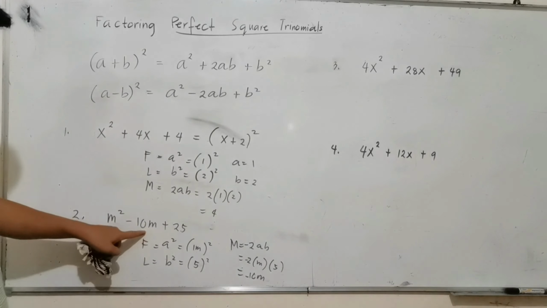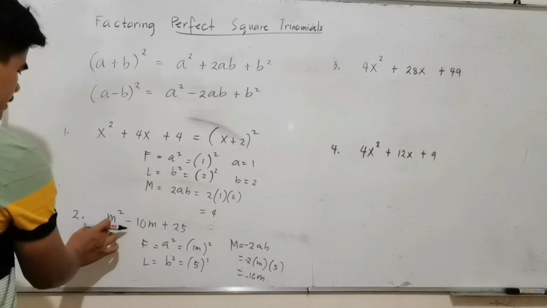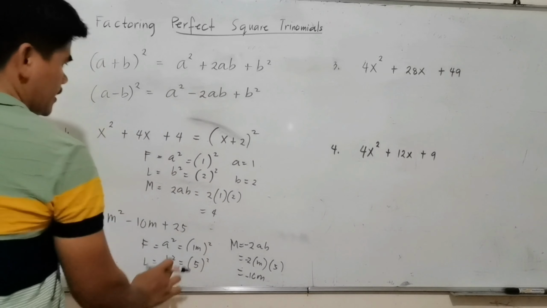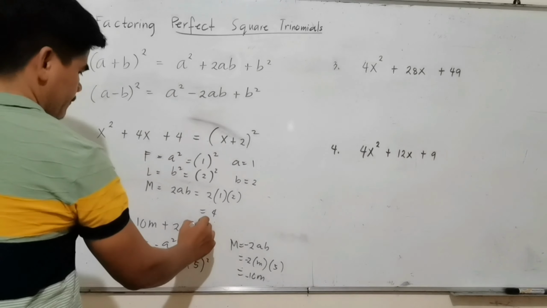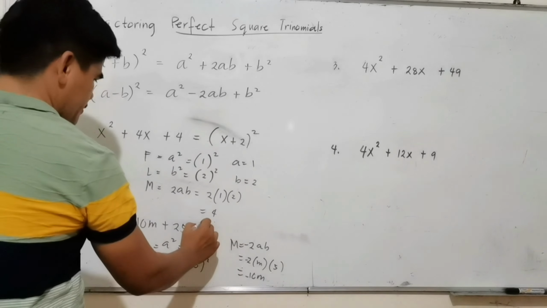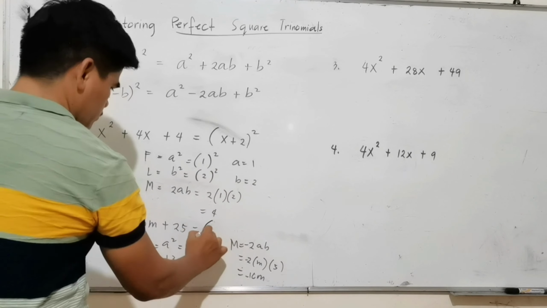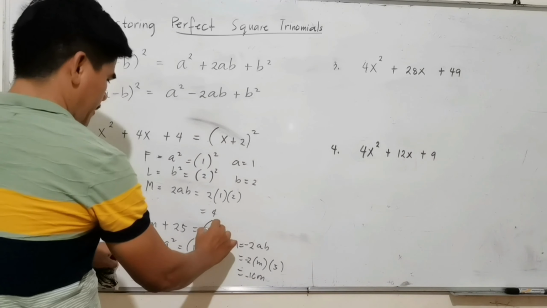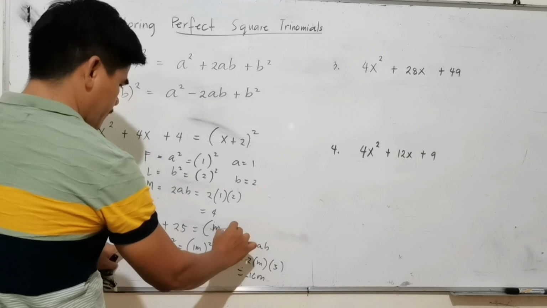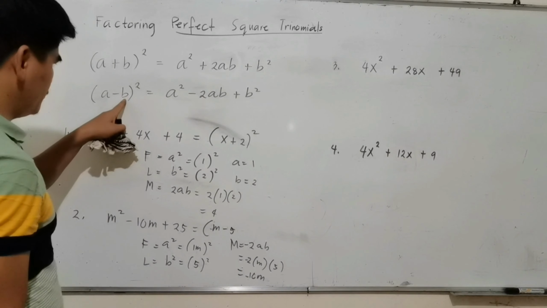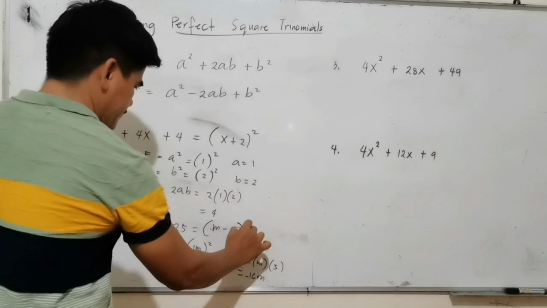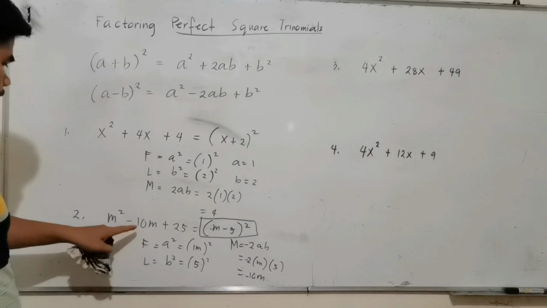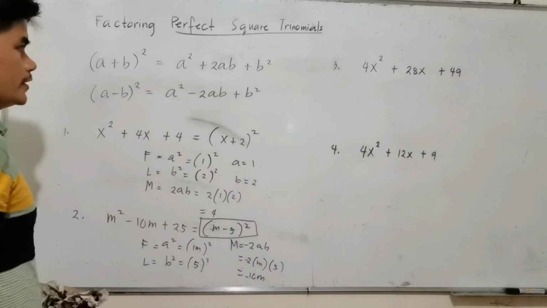That satisfies our middle term. Therefore, this trinomial is a perfect square trinomial. Therefore, the final answer is (m minus 5) squared, that is (a minus b) squared. So this is the answer for m squared minus 10m plus 25.